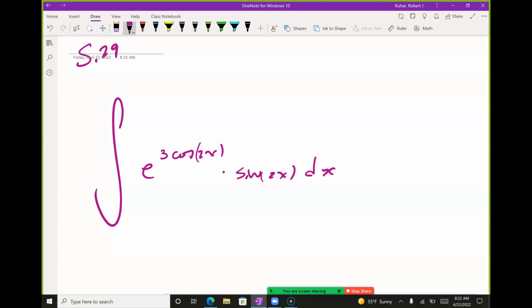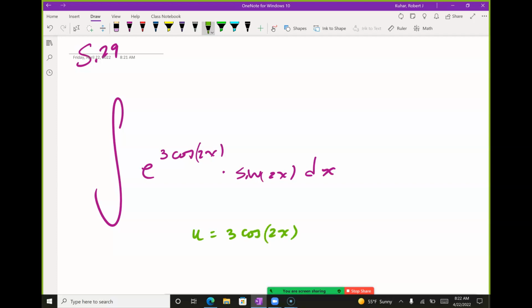A u sub could be the way to go. You could do a sub with u, and then another sub with a different letter, like w. But on this one, I could choose u as my entire 3 cos 2x.